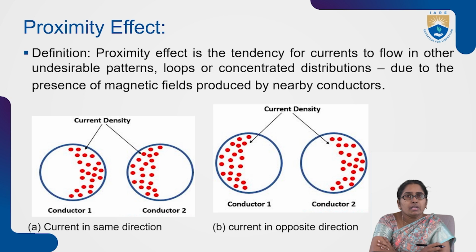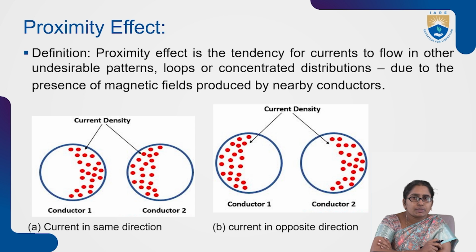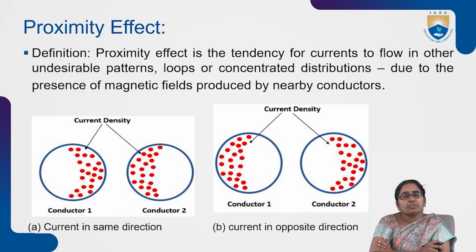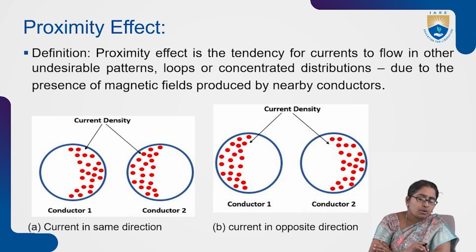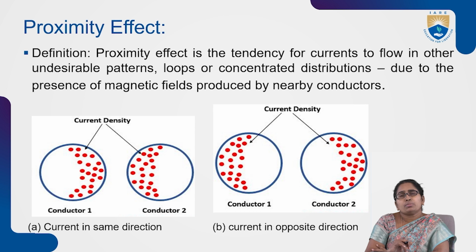You can see in the picture on the left side there are two conductors, conductor 1 and conductor 2. Here, the currents are flowing in the same direction, and this is how the magnetic field looks. On the right side, the currents are flowing in the opposite direction. So this shows two nearby conductors with different current directions.